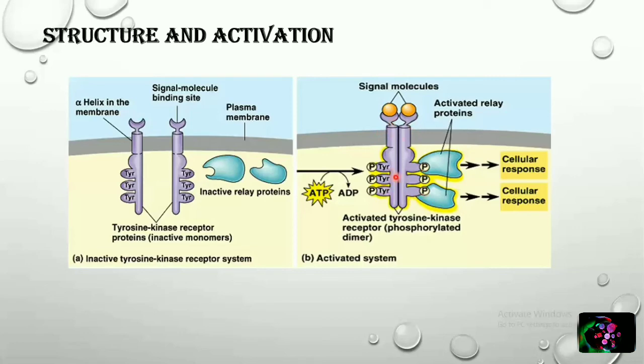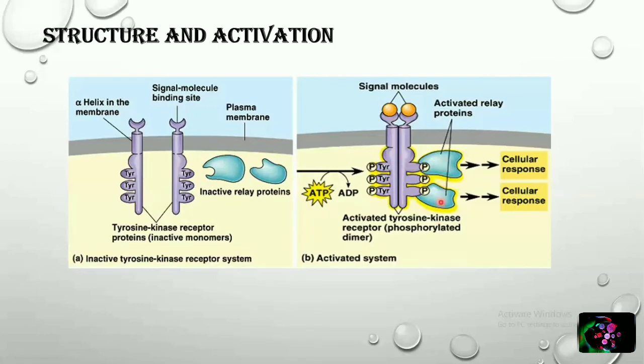Then the last step is this fully phosphorylated dimer. The active receptor is now recognized by multiple relay proteins. That is, this fully phosphorylated dimer has the ability to attach proteins.